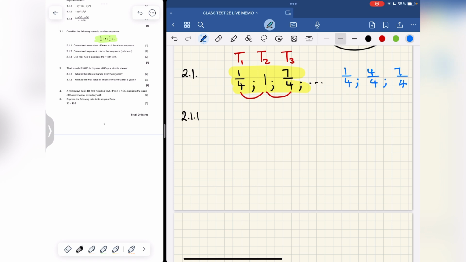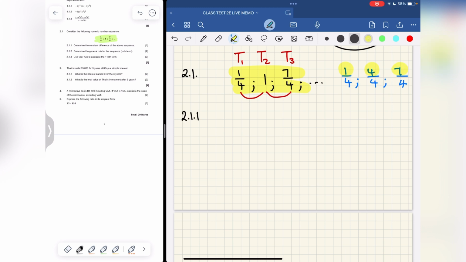Because the fraction denominators, of course, stay the same here, what's actually changing is the number of pieces, because this is a fraction. So here we had one piece of this fraction, which is quarters. Here we had 4 quarters, and here we had 7 quarters.